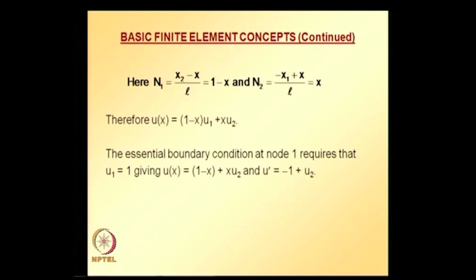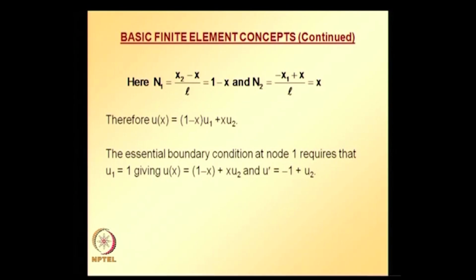When you substitute u1 equal to 1 into the trial solution, it becomes u equal to 1 minus x plus x times u2, and the derivative of it you can easily find, it turns out to be minus 1 plus u2.